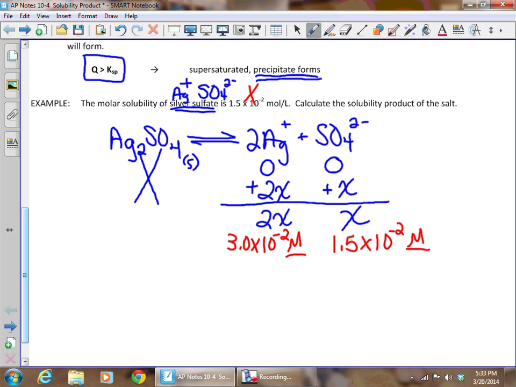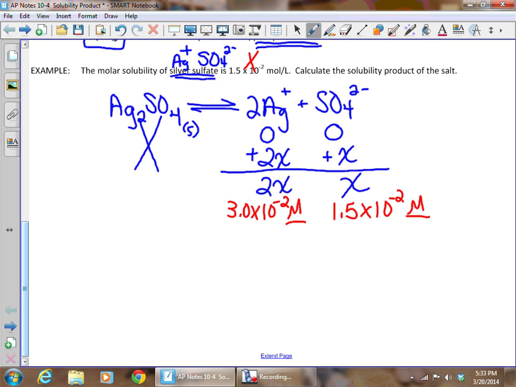So we can now write the equilibrium expression for this particular insoluble salt as KSP equal to the concentration of the silver ion squared times the concentration of the sulfate ion.